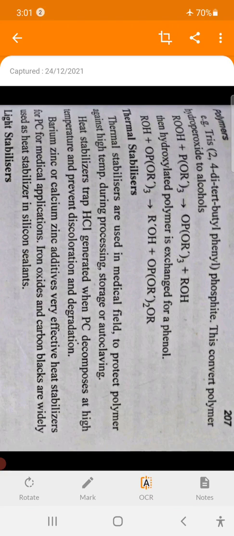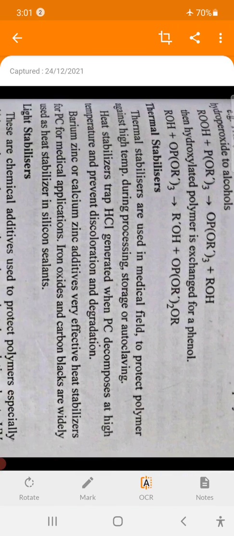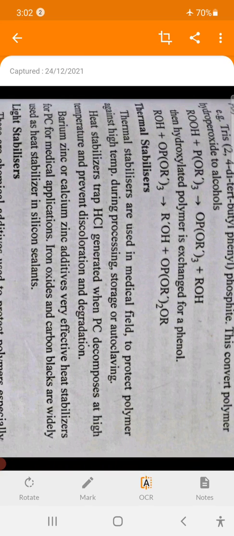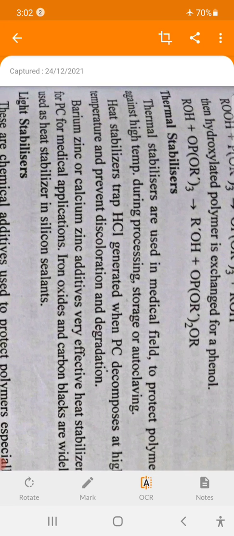They are used so as to protect polymer against high temperature during processing, storage, and autoclaving for those polymer instruments.